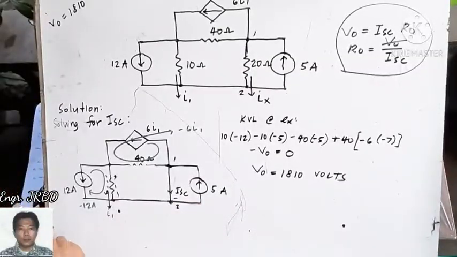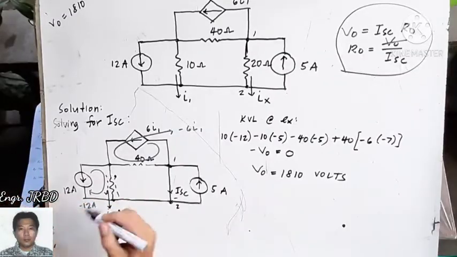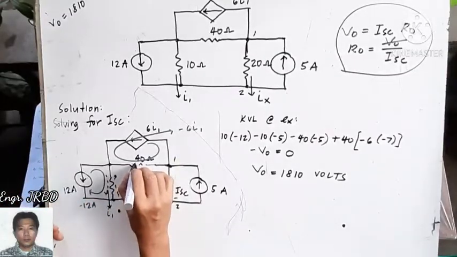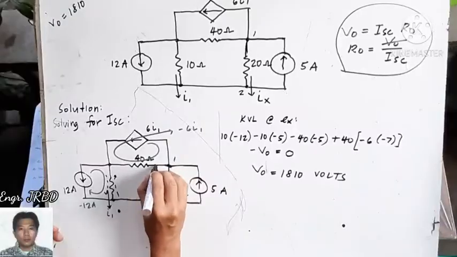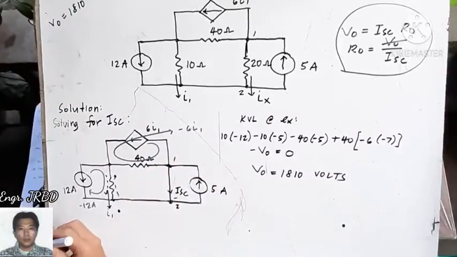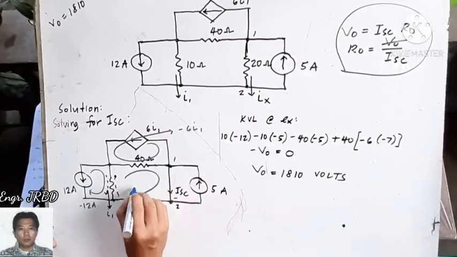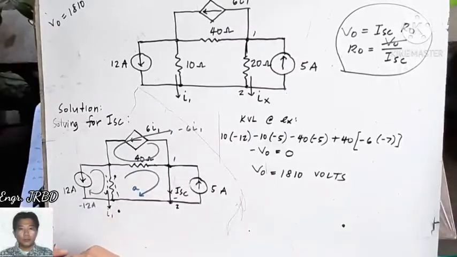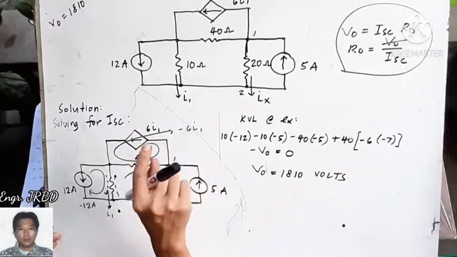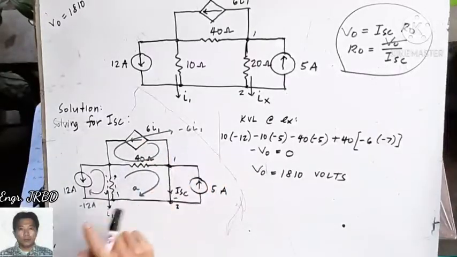Let us take a look at this first. The circulating current in this part, let us say this is A. So by inspection, we have two unknown circulating currents. One is negative 6I1 and the other one is A.